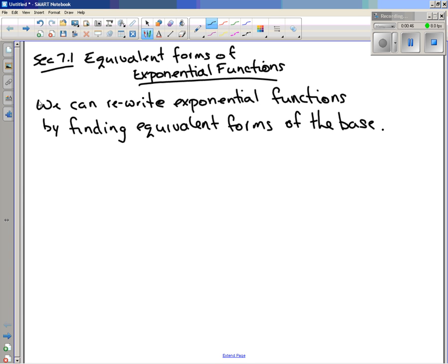And this is where it's going to come in handy to know some of those exponentials that I was just talking about. So for example, we know that 2 cubed is 8.